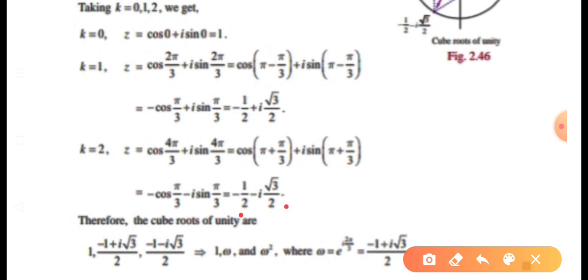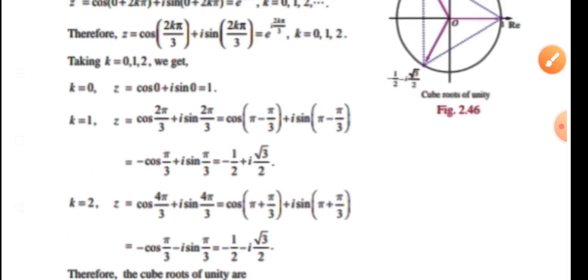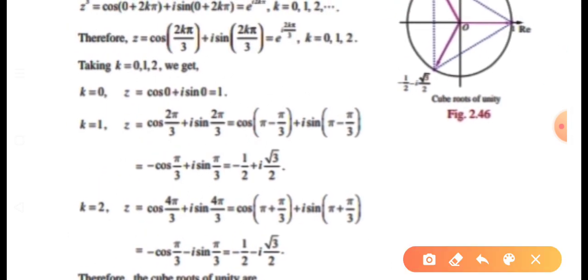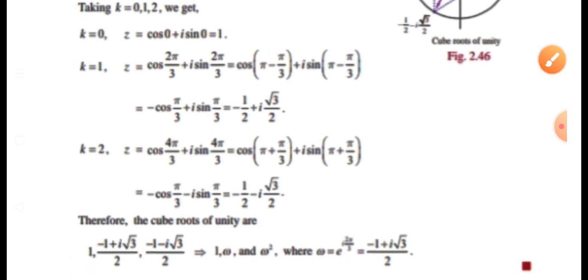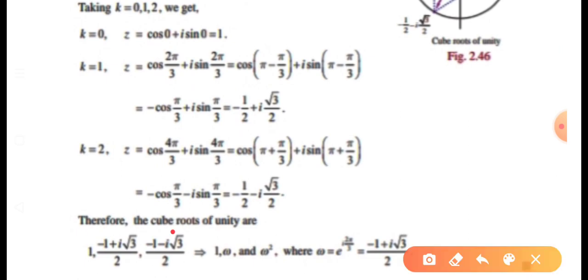Then how do you plot it? This is in the third quadrant, minus 1 by 2 on the x-axis, minus and y-axis also minus. So we plot the point in the third quadrant. Now the cube roots of unity are 1, minus 1 by 2 plus i root 3 by 2, minus 1 by 2 minus i root 3 by 2.